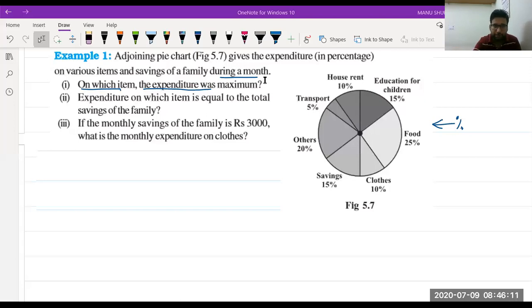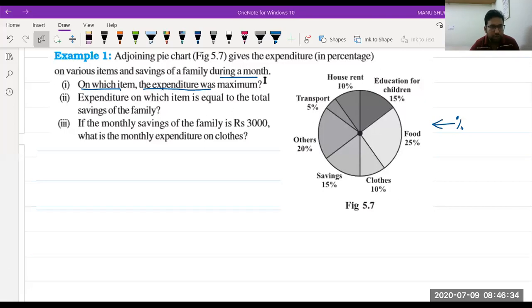Now the second part is: expenditure on which item is equal to the total savings of the family? Please tell. Education for children.